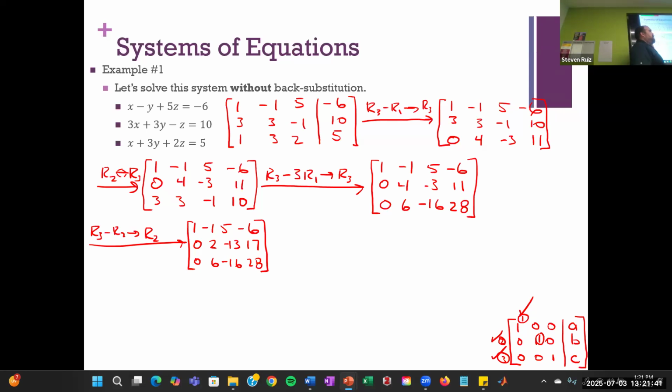Go ahead. I might have lost you. Say it again. Take row 2 divided by a third of row 3 and put that in row 2. I don't think so. It sounds like you're saying to do something with this row and then just put it here.